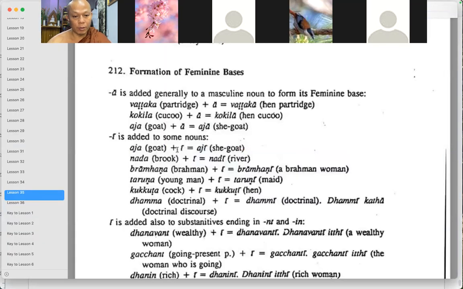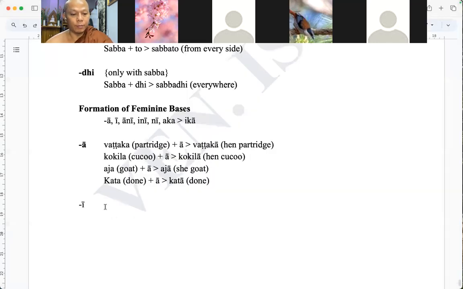Here is one example with the same now, aja. Aja has two ways here: aja, aja, aji also. So some nouns can have two ways. And the other word, mika, so dear.